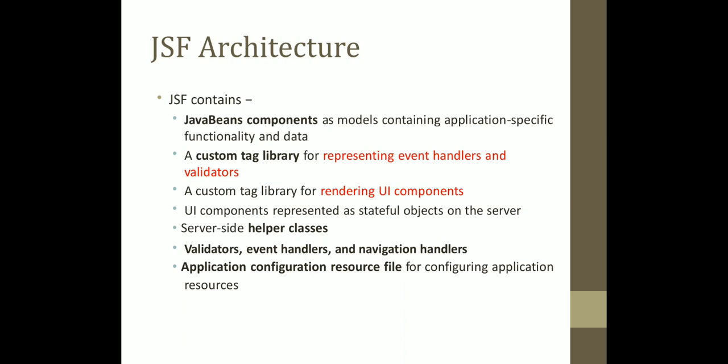A custom tag library for rendering UI components is also provided, and UI components are represented as stateful objects on the server, and server side helper classes, validators, event handlers, and navigation handlers are used. Plus an application configuration resource file for configuring application resources. So all these things are used for making a good architecture of JSF.